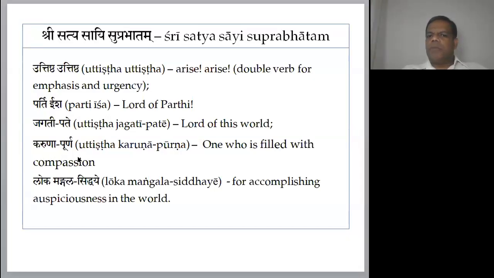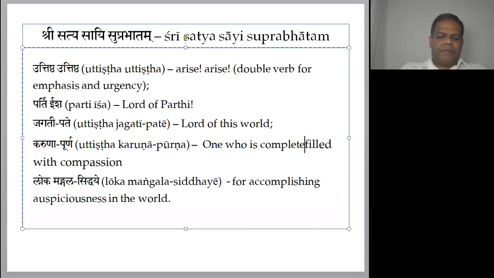The next word is Karuna Purna. Karuna is compassion. Purna means one who is completely filled with it. You can also say complete, Purna. So one who is filled with compassion, completely filled with compassion, you can say. Then the next word is Loka Mangala Siddhaye.